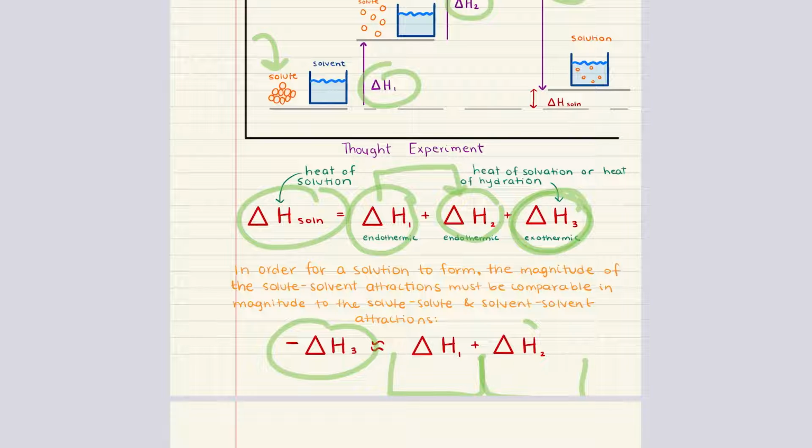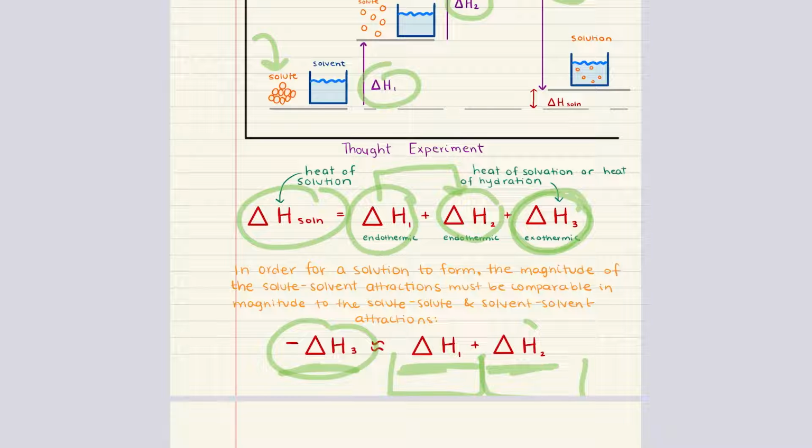In reality, though, these processes don't happen in distinct stages, but they occur simultaneously as solute and solvent particles interact. And this simultaneous interaction is really crucial for the formation of stable solutions. So the key takeaway here is that the solute-solvent attractions must be comparable in strength to the original solute-solute and solvent-solvent attractions for a solution to form.